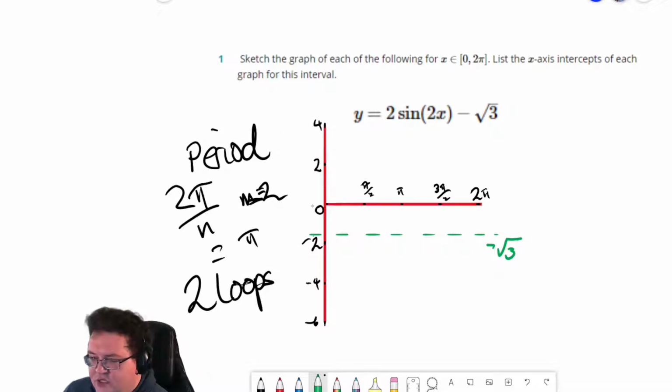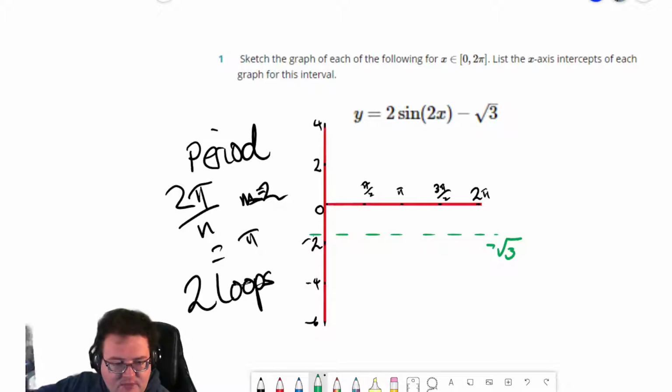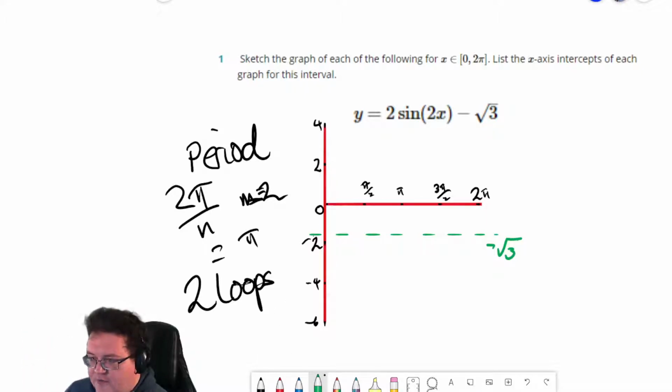Now what I need to do is find 2 units above and 2 units below where that is going to be, so I can get my maximum and my minimum. My minimum is going to be 2 below that, so it's going to be about here. So that's going to be minus 2 minus root 3.